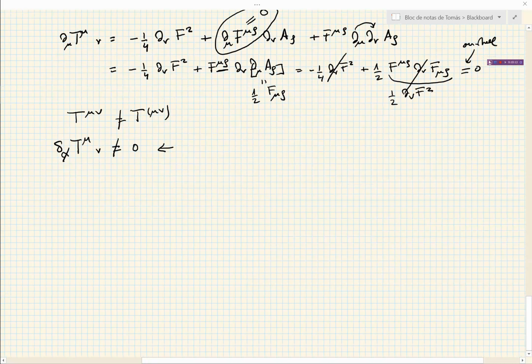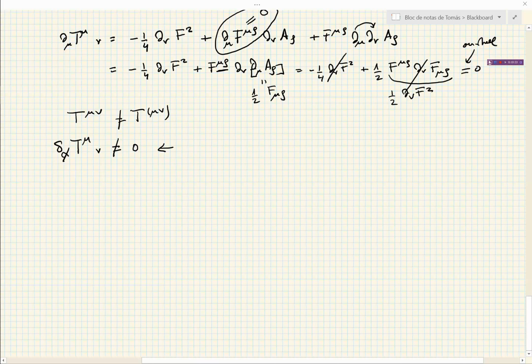Once you include this gauge transformation, one finds that the energy momentum tensor that results from this modified transformation is gauge invariant. Okay, we will not get into that, and we will do something simpler, if you want, which is the following.